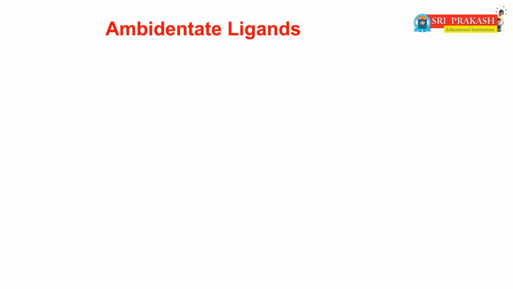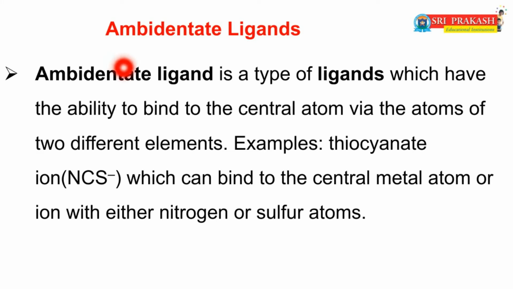Now we will discuss another type of ligands, those are ambidentate ligands. An ambidentate ligand is a type of ligand which has the ability to bind to the central atom via the atoms of two different elements. Examples: thiocyanate ion. The formula of thiocyanate ion is NCS minus.